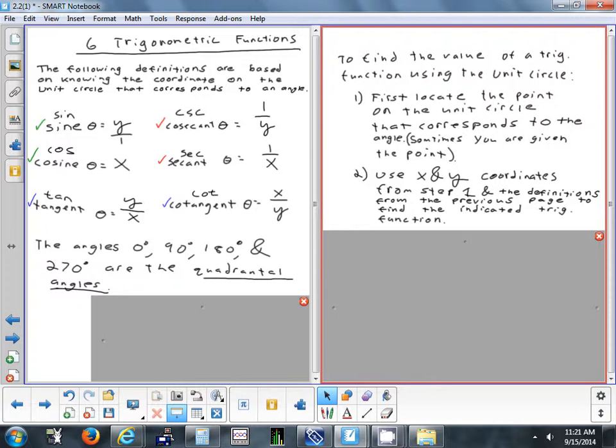When we do practice ones in class, I'm probably going to say find all 6 trig functions in the same problem, but you only have to find the trig function that they're asking about. Does everybody have what's on the left?